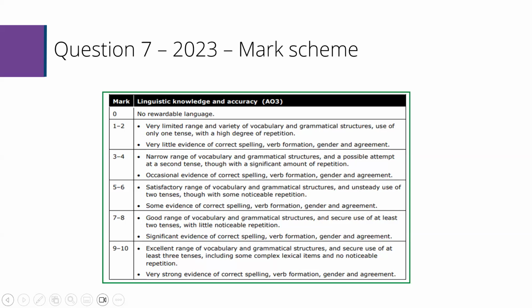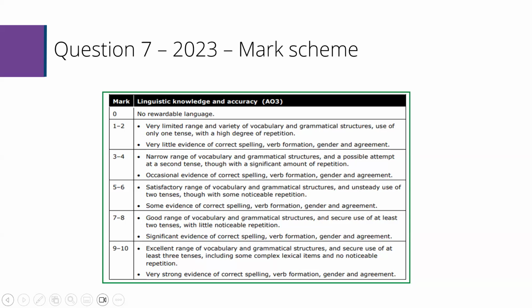that we might have a simple future, and we might have a conditional included in there, or we might have some sort of periphrastic future if your language uses I am going to and I will. Okay, and similarly with present tense, if it's Spanish, we might want to see simple present tense, but we might want to see a continuous present as well. So appropriate to the language, but that secure use of different tenses and time frames is important.